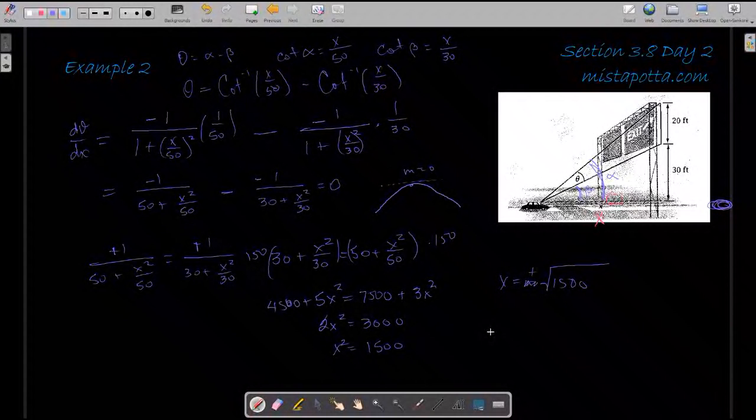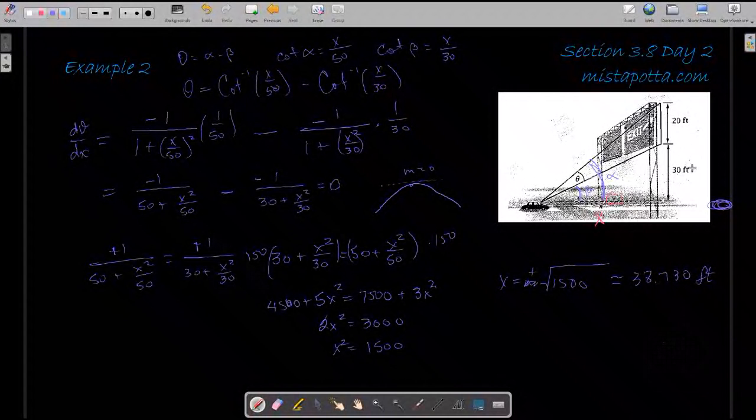So x is going to be the square root of 1,500, which is approximately 38.730. And again, because we're talking in terms of 20 feet, 30 feet, and 50 feet, this is also in terms of feet.